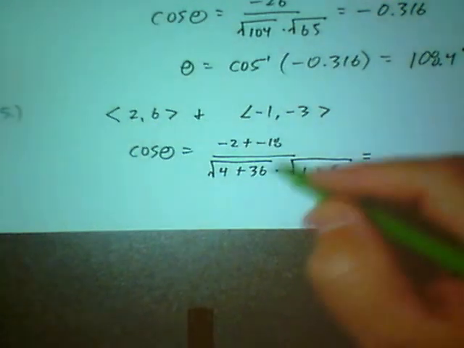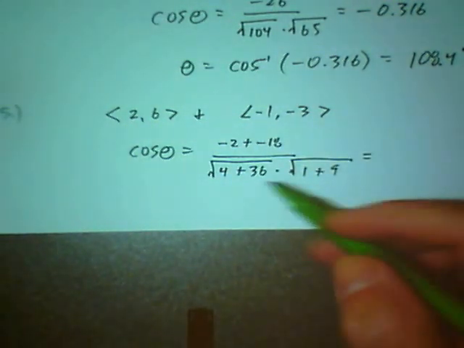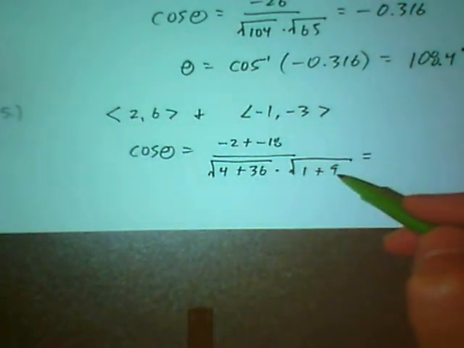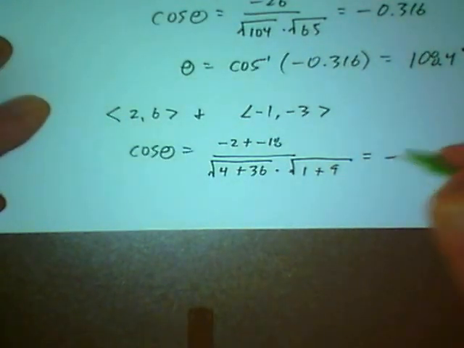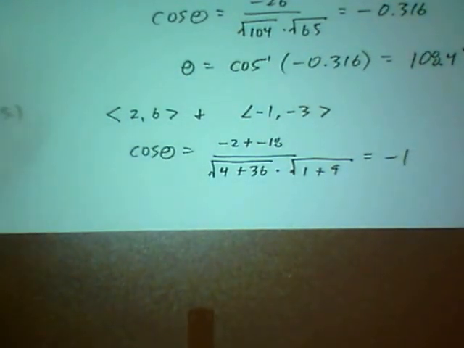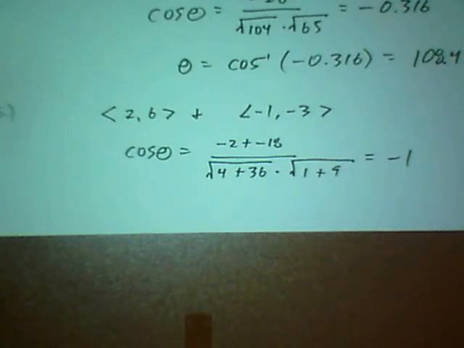So basically I have negative 20 over square root of 40 times the square root of 10. So let's crunch this on my calculator, see what happens. Ends up equaling negative 1.